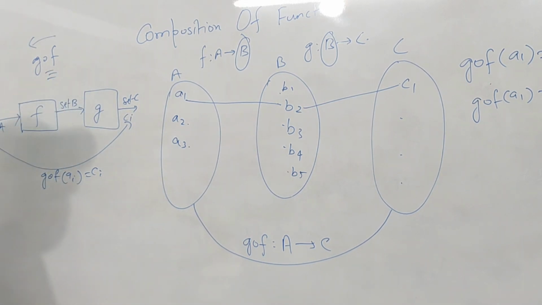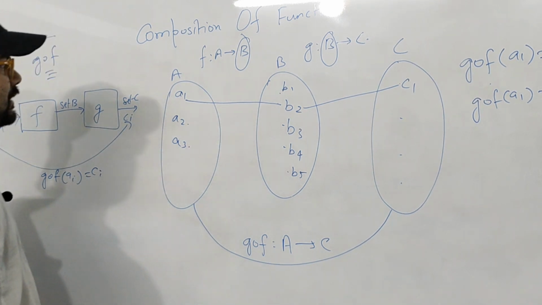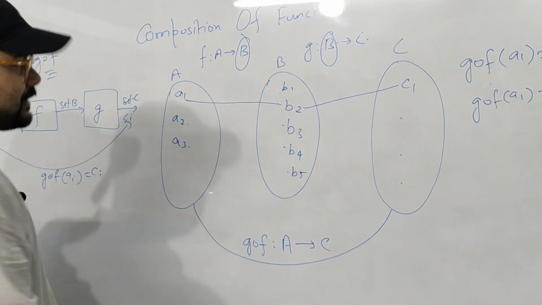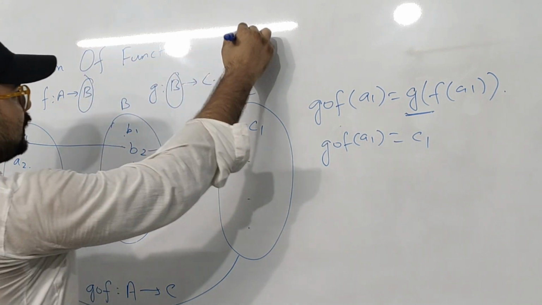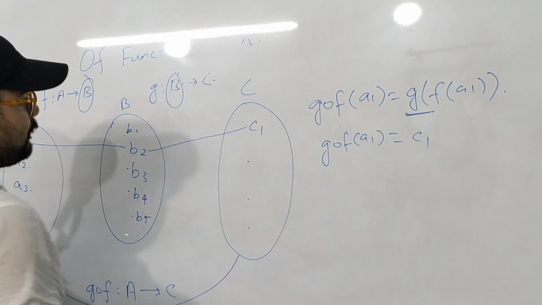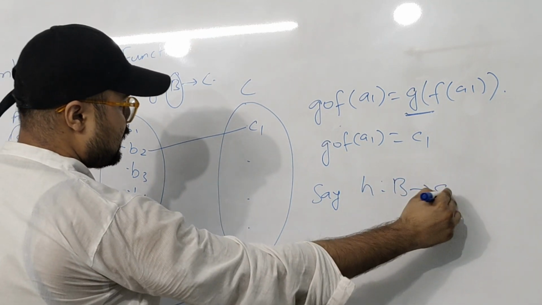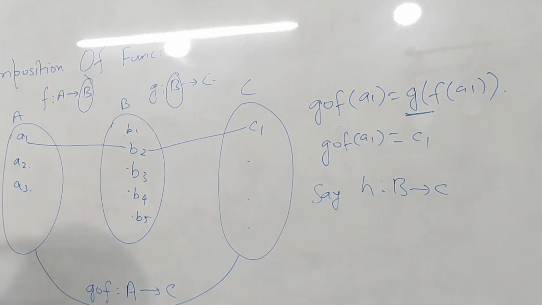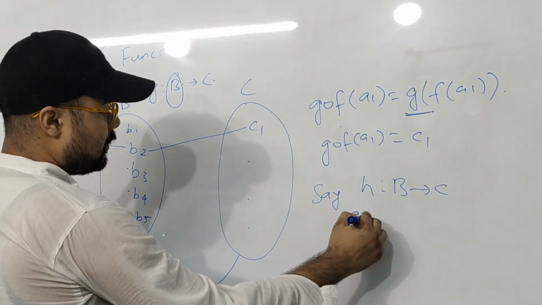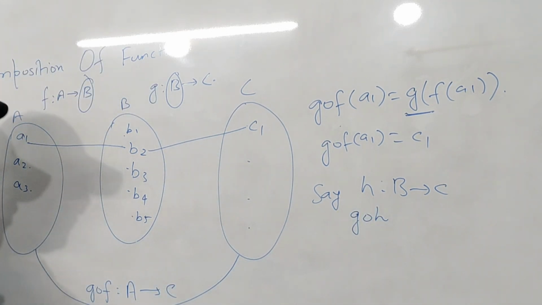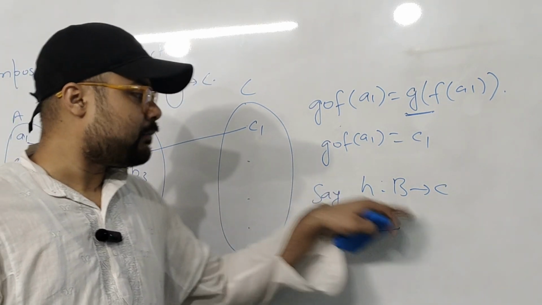If there is another function H, which is from B to C, then can I say that GOH is a function? Can this be a composition of function?